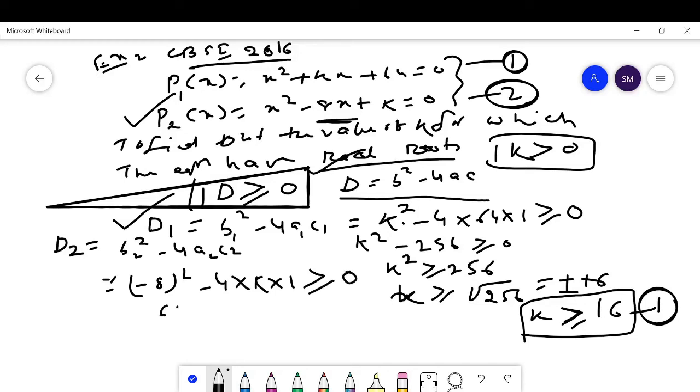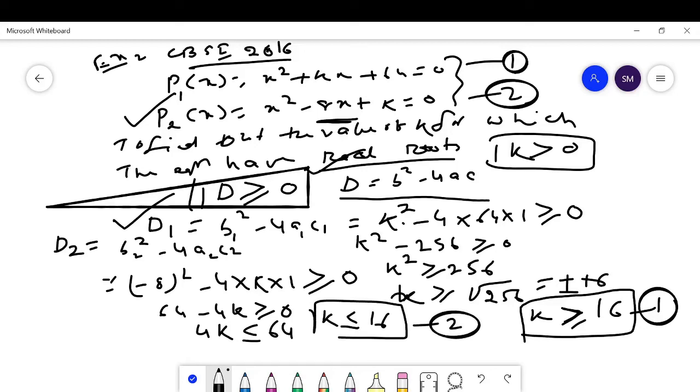Then this is 64 minus 4k greater than or equal to 0, which implies 4k is less than or equal to 64, which implies k is less than or equal to 16. From equation 2 we get k is less than or equal to 16. From equation 1 we get k is greater than or equal to 16.